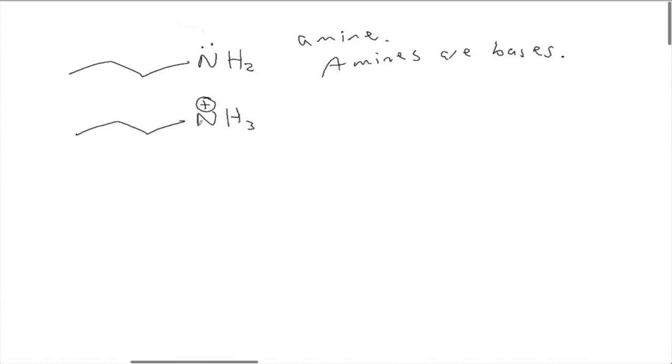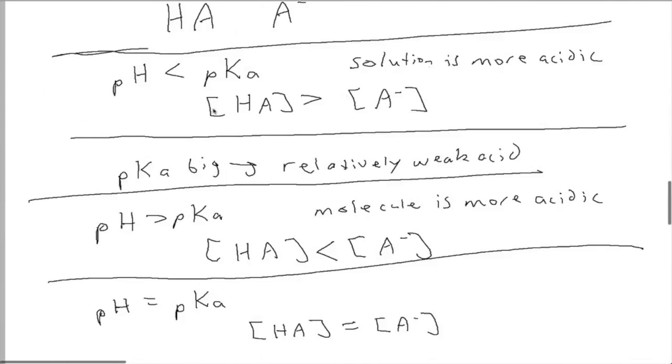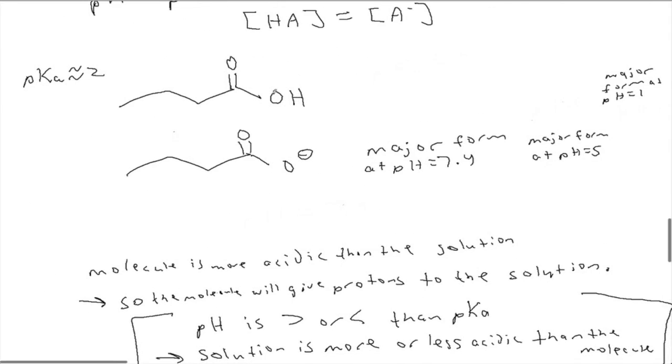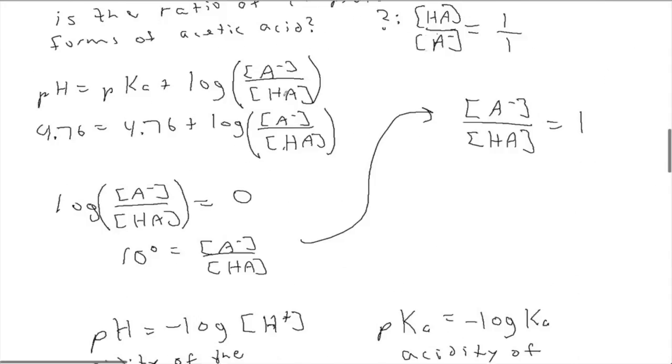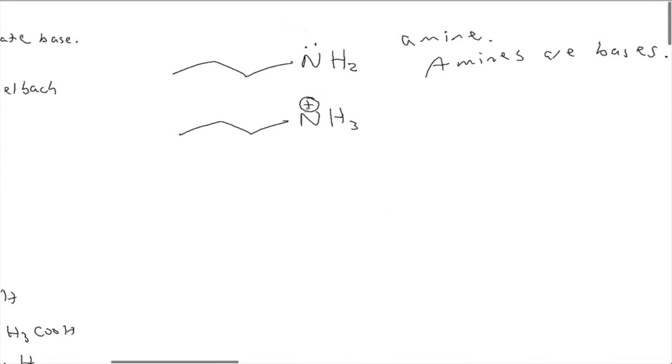Here, the protonated form is positive, whereas before, with a carboxylic acid, say, the protonated form was neutral. Different molecules behave differently. That's important to keep in mind. It turns out that the pKa for amines is approximately 9.